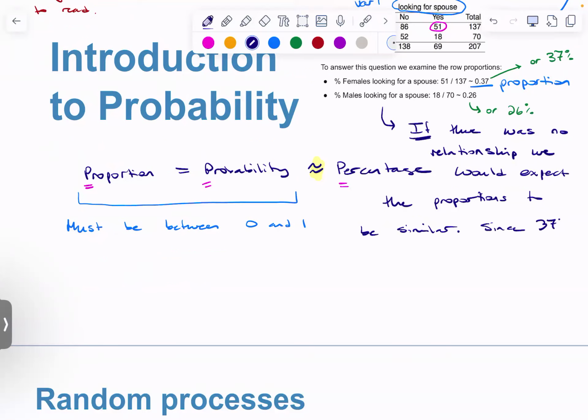Since 37% is quite different from 26%, we suspect there is a relationship.